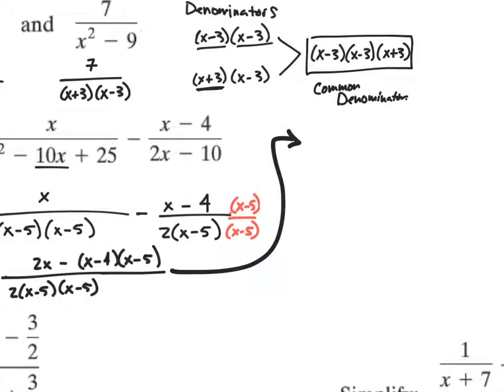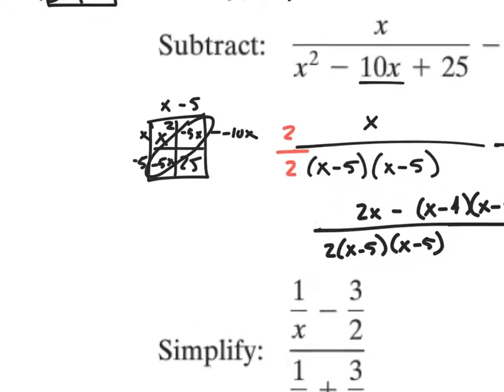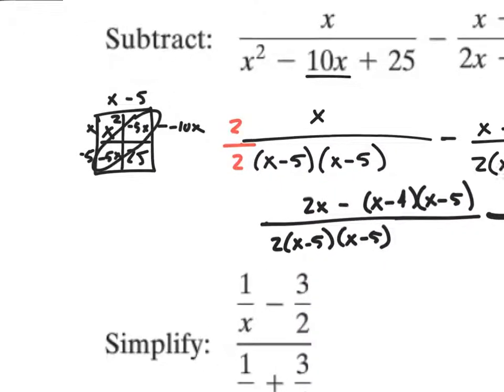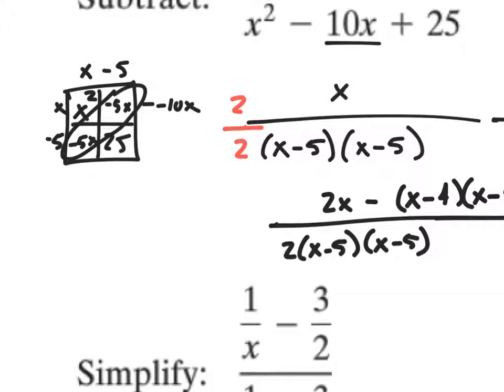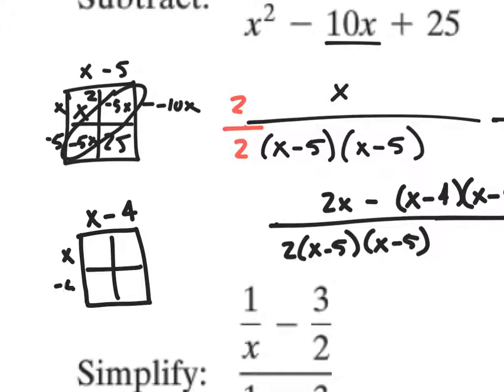The first thing I'm going to do is multiply out x minus 4 times x minus 5. I'm going to do the box method on that. x minus 4, x minus 5. So I've got x squared minus 4x minus 5x, and then positive 20. Combine my like terms here in the middle, I'm going to get negative 9x.